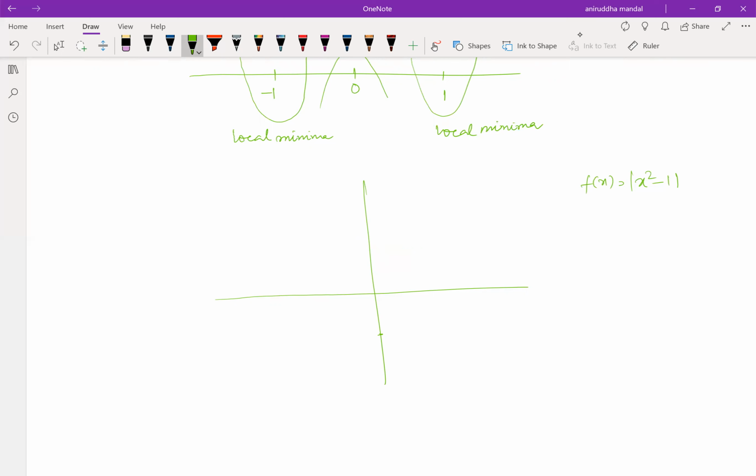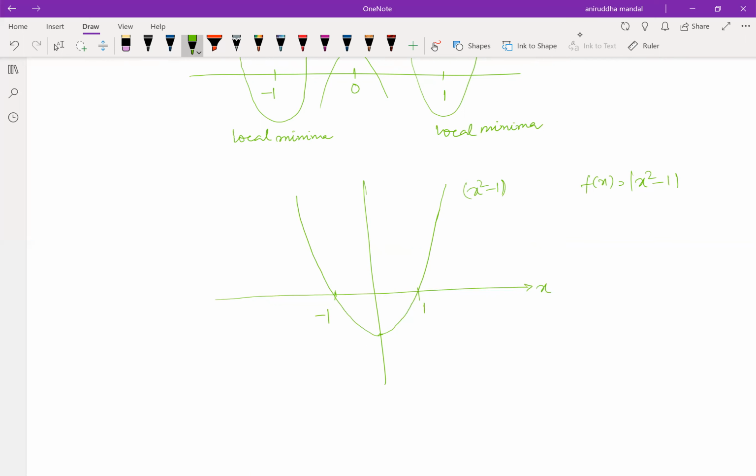So our x square minus 1 graph should be like this, and it cuts the x-axis at points 1 and minus 1. So this is the x square minus 1 graph.